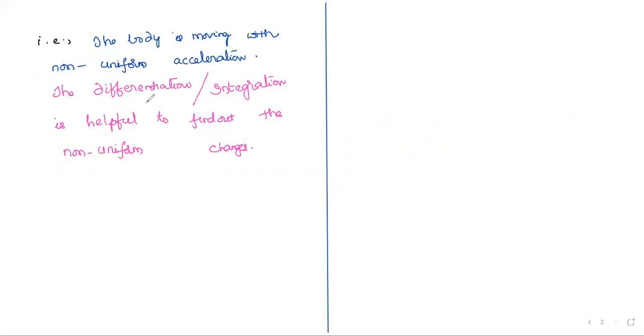To help you, we provided a method. That method is useful not only in case of non-uniform but even in case of uniform. Whether there are uniform changes or non-uniform changes, for both you can happily use differentiation or integration. So don't go into a misconception.